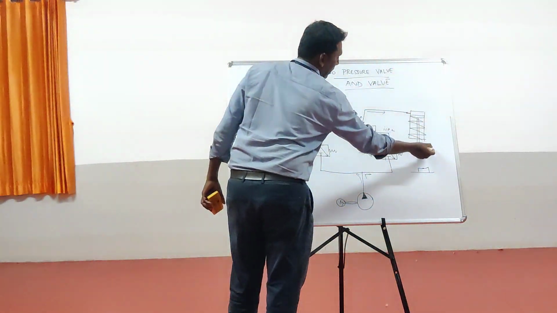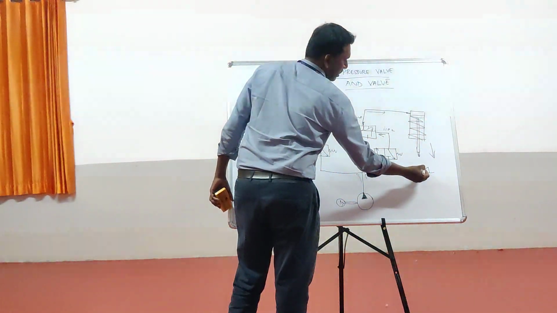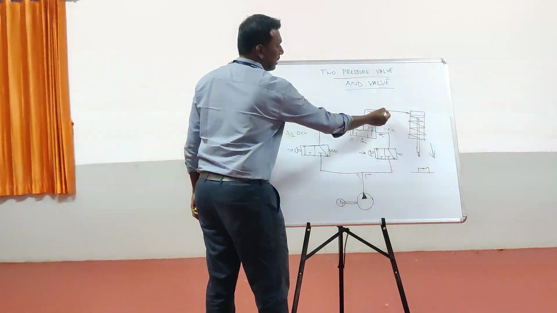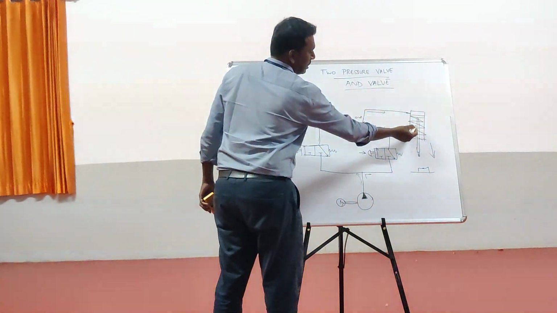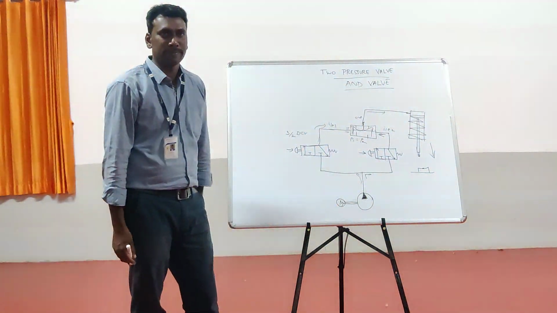The actuator will extend towards the workpiece, and the workpiece will be drilled. After releasing the push button, the fluid supply will be stopped. Due to the spring, it will be retracted.